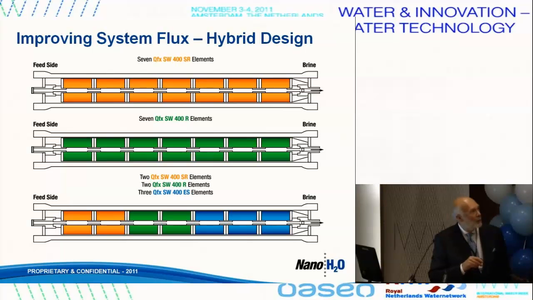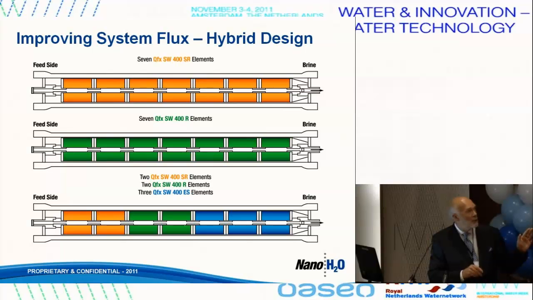So I'm going to show you a diagram where we have elements of all of one type, all of another type. This particular one is relatively lower flux compared to this one. And when you have membranes lined up in a pressure vessel, remember I said that there was everywhere from 1 to 8 membranes, often sort of 5 to 7, 5 to 8 in these pressure vessels.